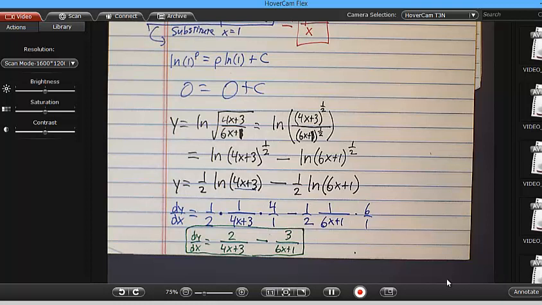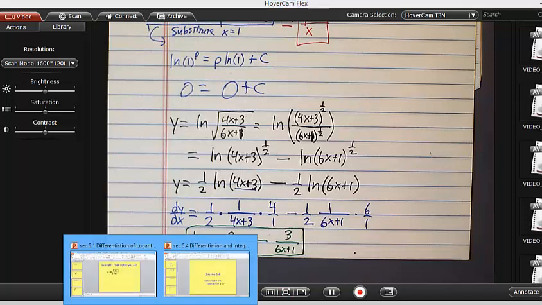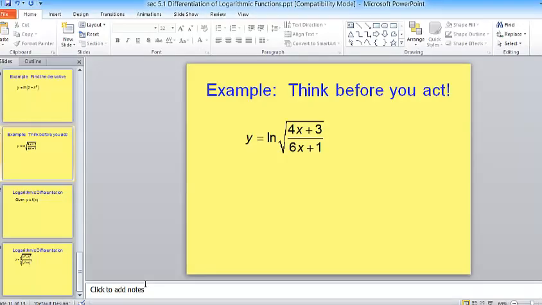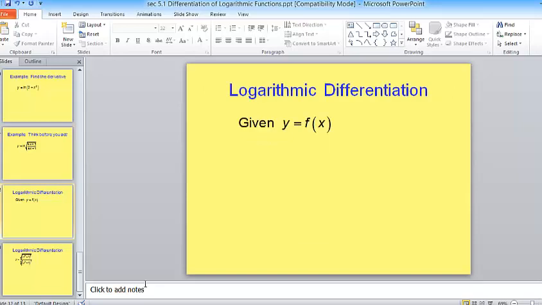But then what comes along, and this is really cool, is somebody at some point realized these log laws are so powerful, we should use them more often. For example, here's my last logarithm derivative. I want to teach you a technique here. It's called logarithmic differentiation. I'm going to use it on an example, but before I do, I want to explain kind of what you do.